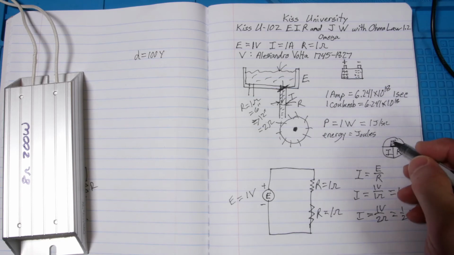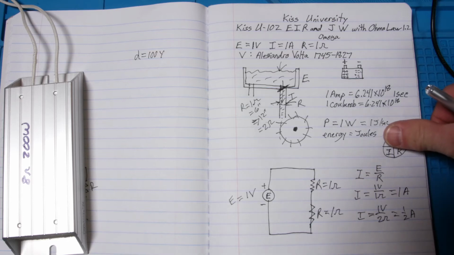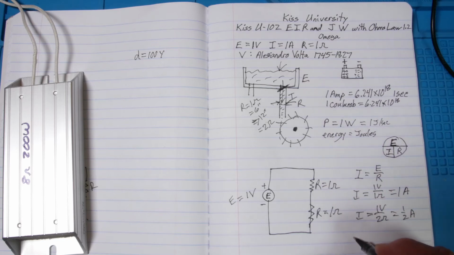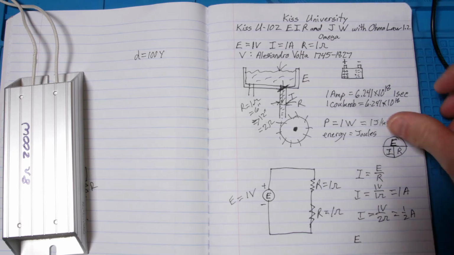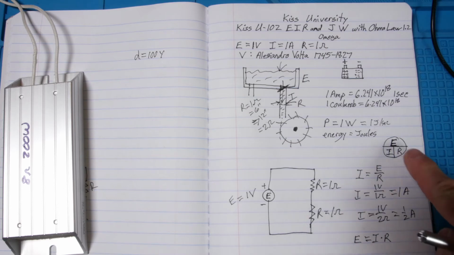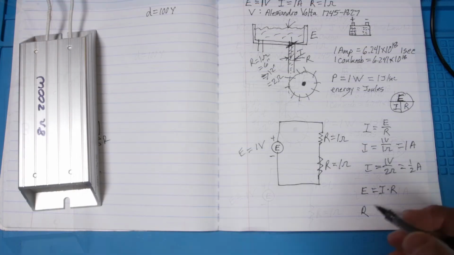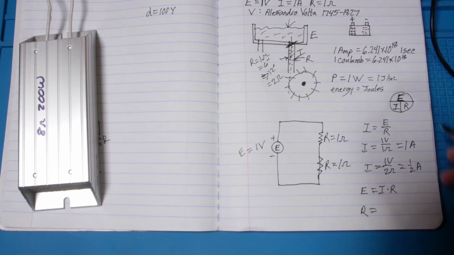This is E over I times R. So for instance, if you're trying to find E, then you go, what is E? Well, covered up, and it's I times R. Okay, if you don't know what your R is, you just cover that up, and then you say R is equal to, what is it?